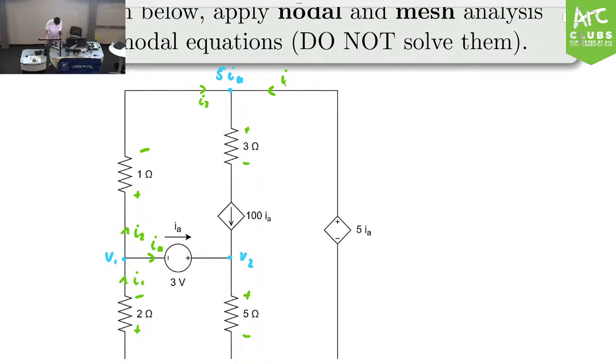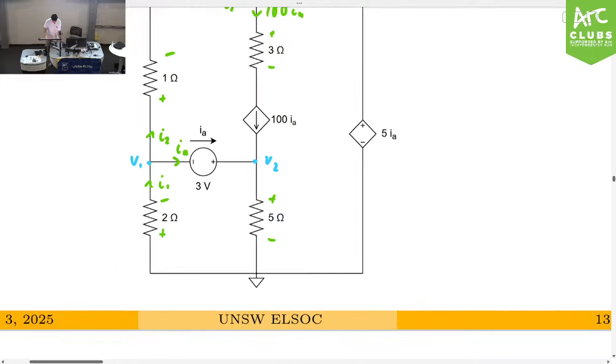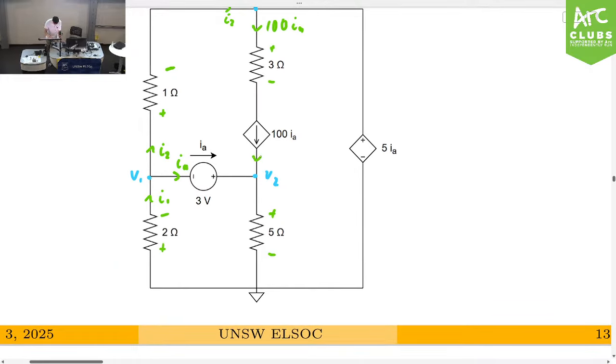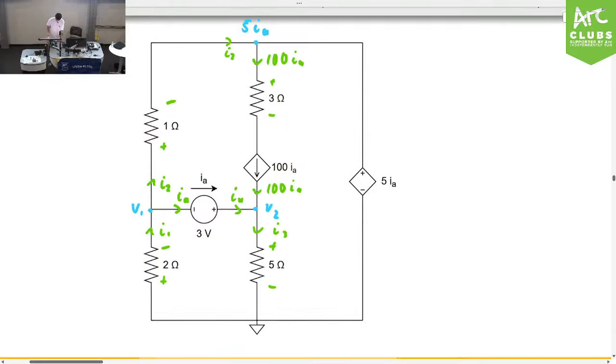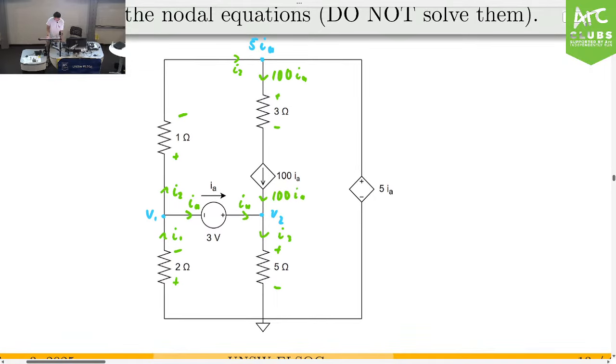The current going through here is actually the current source here, which is 100 IA. Right here, 100 IA as well. We have IA going in here. And then we'll just call this I3, okay? Okay, makes sense?